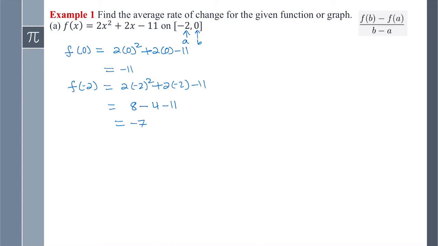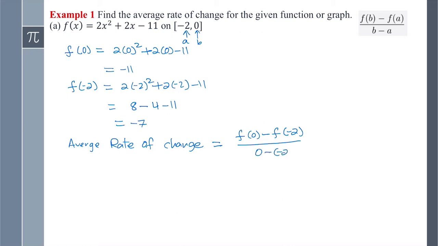So the average rate of change is f of b, in this case f of 0, minus f of a, which is f of negative 2, divided by b minus a.